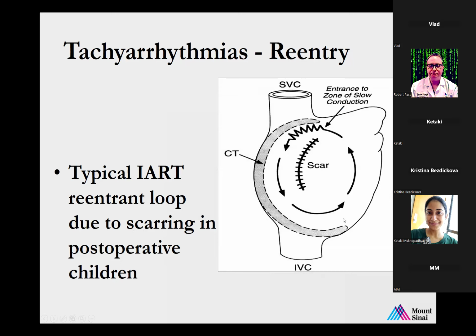You can basically have reentry around a scar or between a scar and a common structure such as the crista terminalis, which can serve as a barrier to electrical conduction, allowing for reentry to occur. And there's usually a zone of slow conduction, which is often a target that we'll use when trying to ablate atrial flutter.